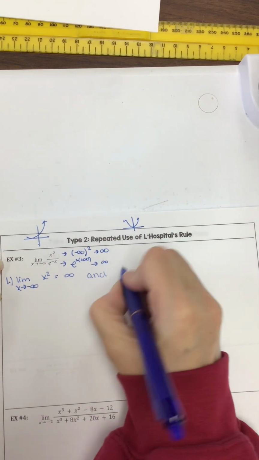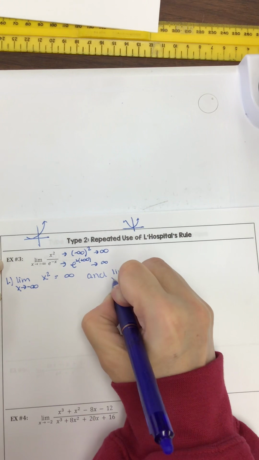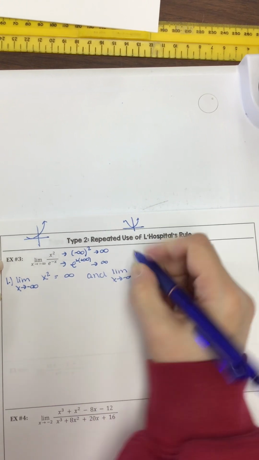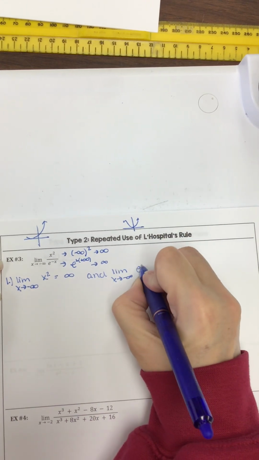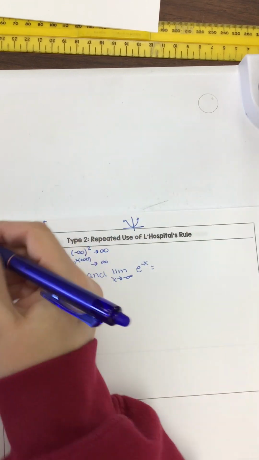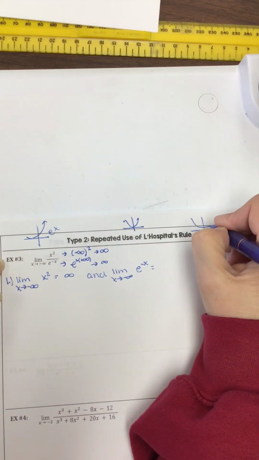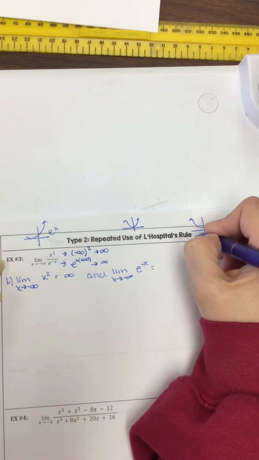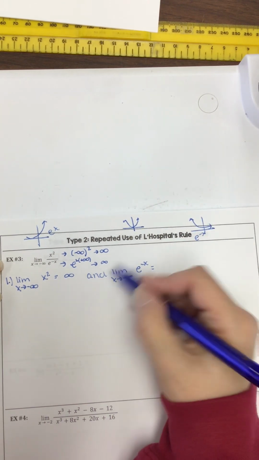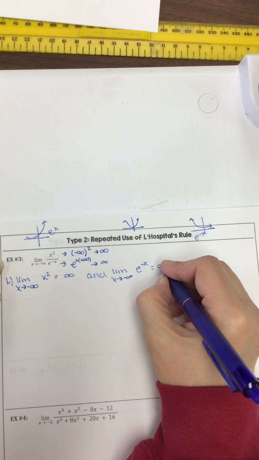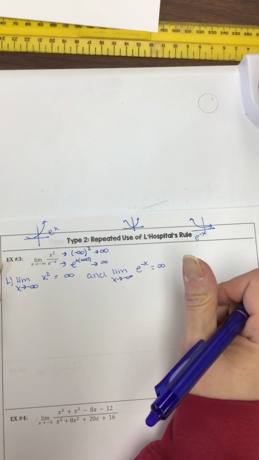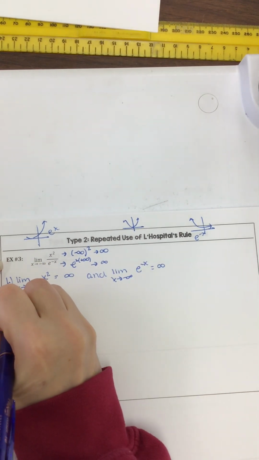And we also know that the limit as x approaches negative infinity for e to the negative x, thinking of this is e to the x, e to the negative x was flipped, right? So as we go to the left, this is going up to infinity forever as well. So we have an indeterminate form.